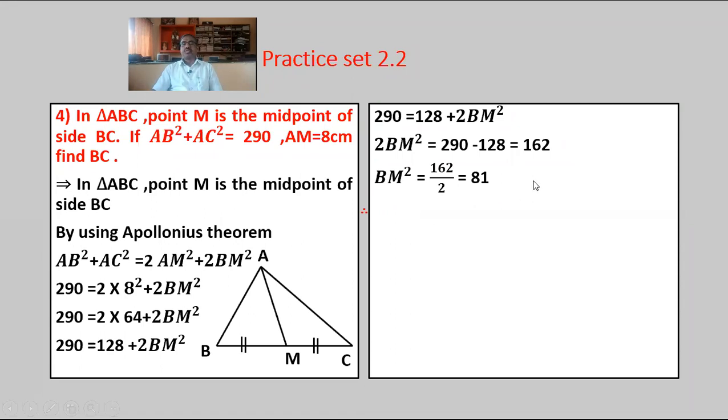BM square is equal to 81. Taking square root on both sides, BM is equal to 9.